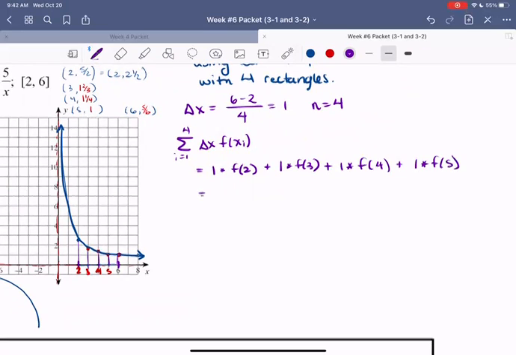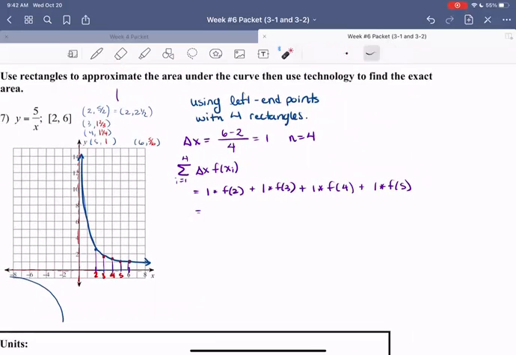Lucky for us, we already computed those values. f of 2 is just 5 over 2. f of 3 is 1 and 2/3. It is exactly those y values that you found here, so we can just read those off. In fact, we don't even need to worry about that 1, recall, because our width is 1, so when we multiply, we can just drop it at this point.